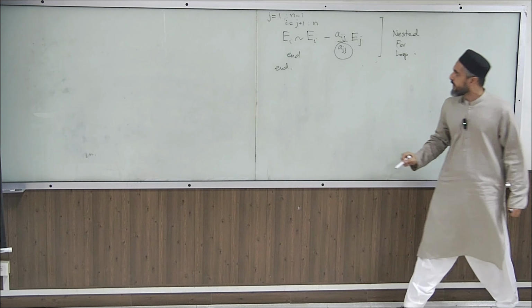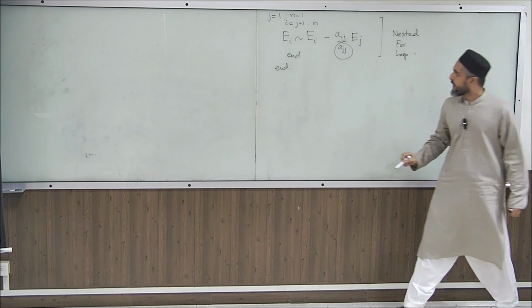Before I write an example, there is a special real number called the machine epsilon. Hopefully you remember the delta epsilon notation. Epsilon means a small number.